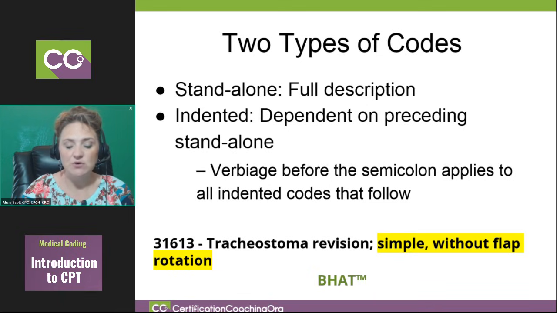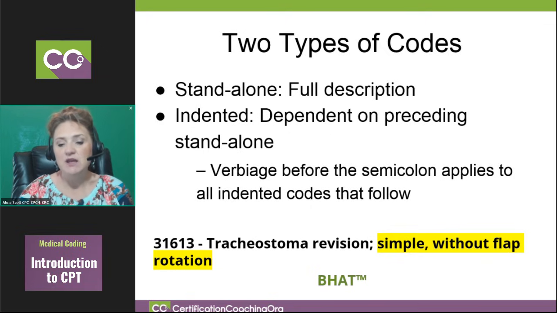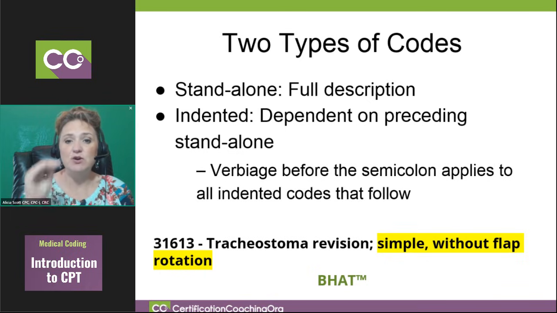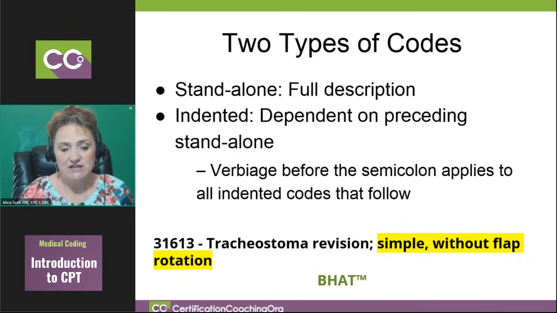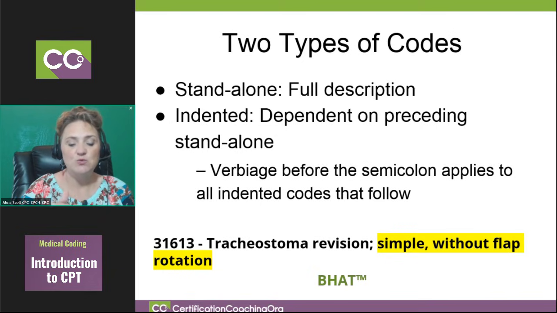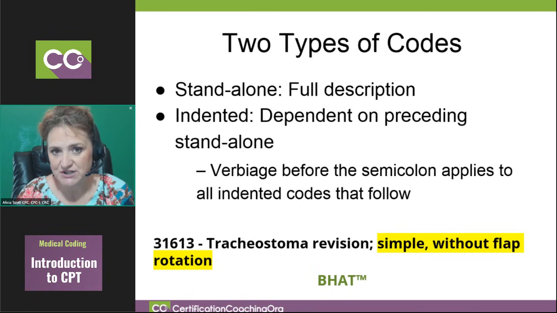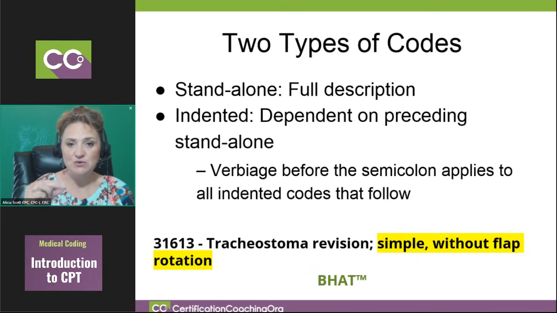Look at the semicolon. What we teach you when you bubble and highlight, using the BAT technique, is that anything behind the semicolon needs to be highlighted, because that's what separates it from the code above it and below it. The next code is probably going to be the same code, but after the semicolon it would say simple with flap rotation, right?